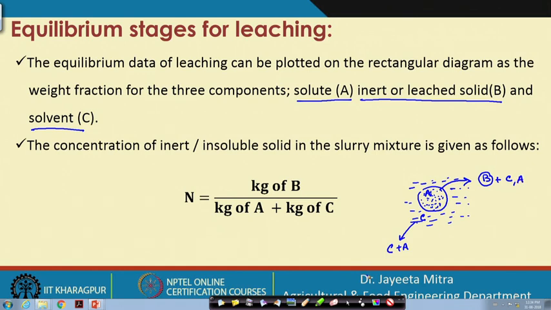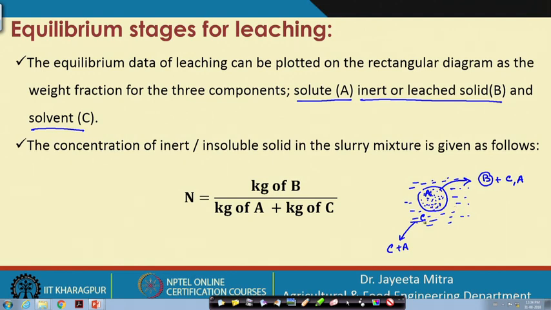Suppose the liquid reaches equilibrium, when the extraction or leaching process takes place between the solvent and the solid, and we assume the equilibrium stage has arrived. That means the solute that was there has been leached to the solvent, the maximum extent possible.